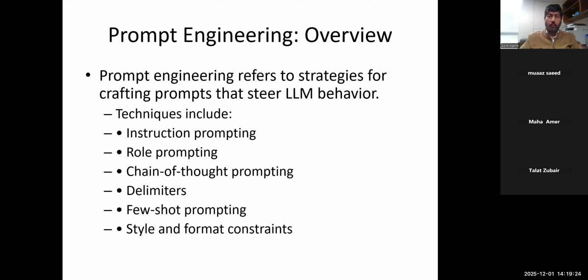So you tell it that I want reasons also, so that I can follow what you have answered, whether it's correct or not. Delimiters are formatting instructions, which often help the output. Then, of course, we have already talked about zero shot and few shot prompting, and then style instructions as well. And there are others as well.